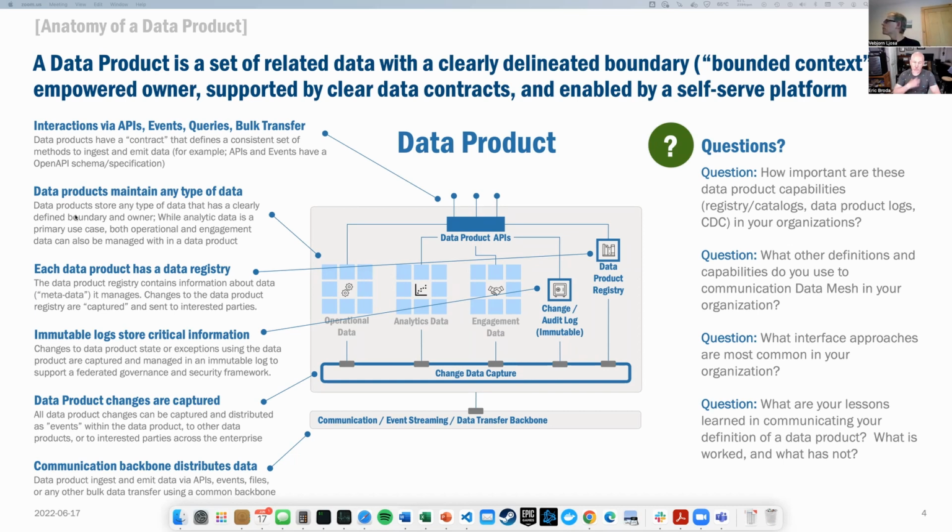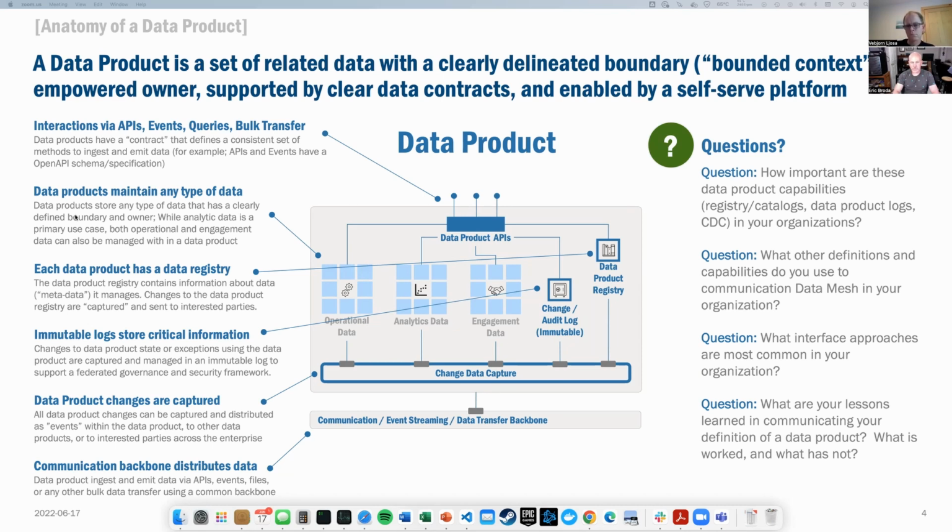Rarely in my experience have I seen operational, analytical, and engagement data all in one data product. Conceivably, it could be done, but I have never seen it. We'll see when we talk about it a little bit later in the discussion. There's an element of granularity, and when you think about the boundaries, that suggests you're probably going to have only one of the three in any individual data product.